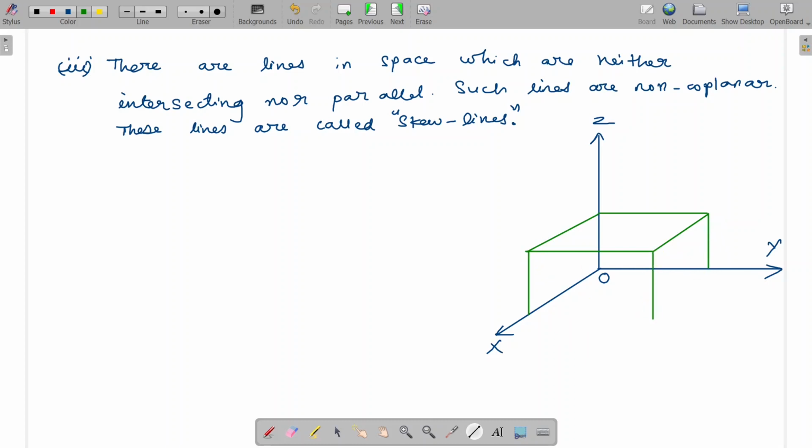Suppose this is a cuboid, so let us label this A, B, C, this is D, E, F and G.